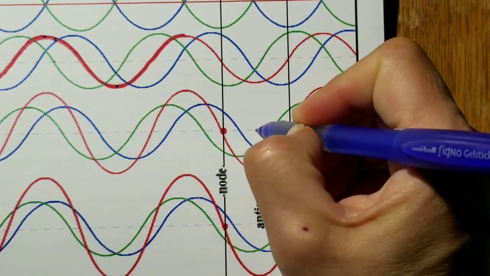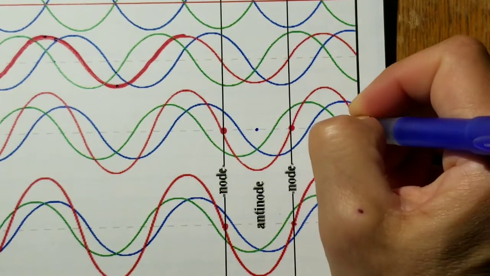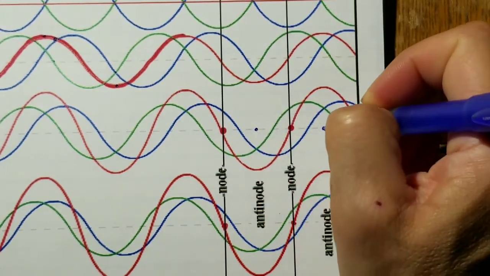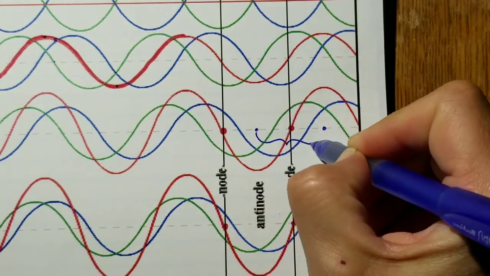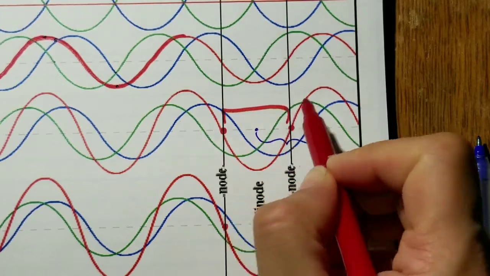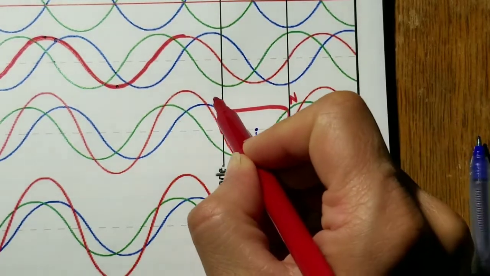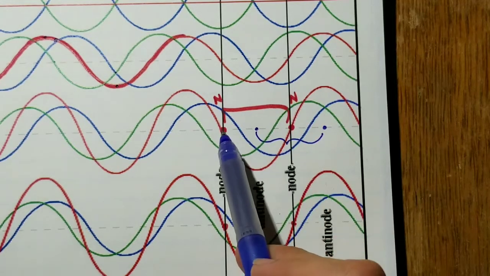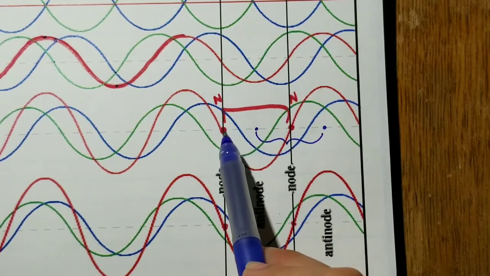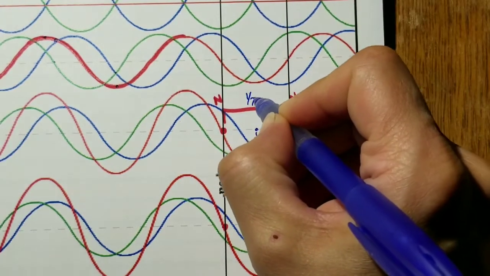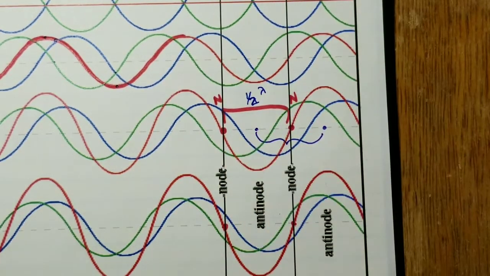So this right here would be an antinode because this is the part that flip-flops up and down. So the distance between antinodes is also half a wavelength. Distance between nodes is half a wavelength. Successive nodes, successive antinodes, what I mean is right beside one another. So a node to a node is half a lambda.